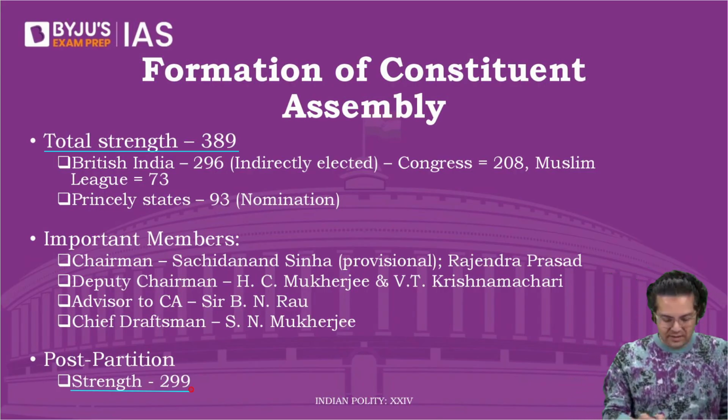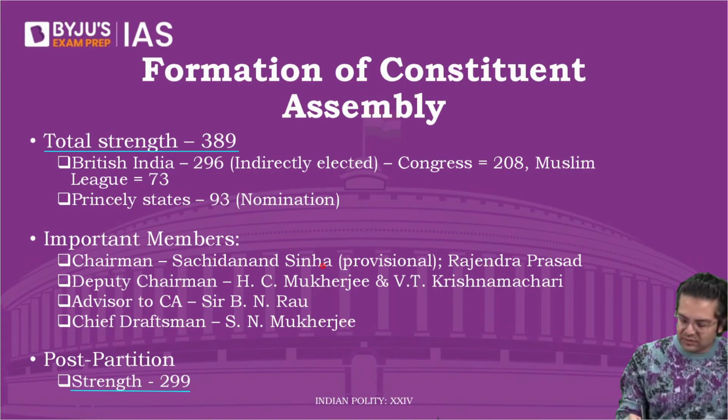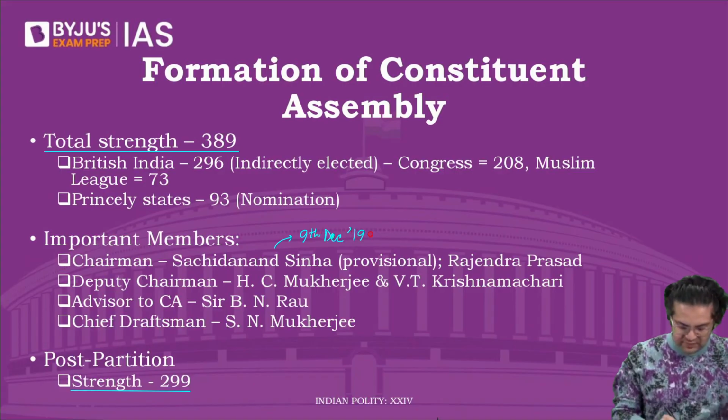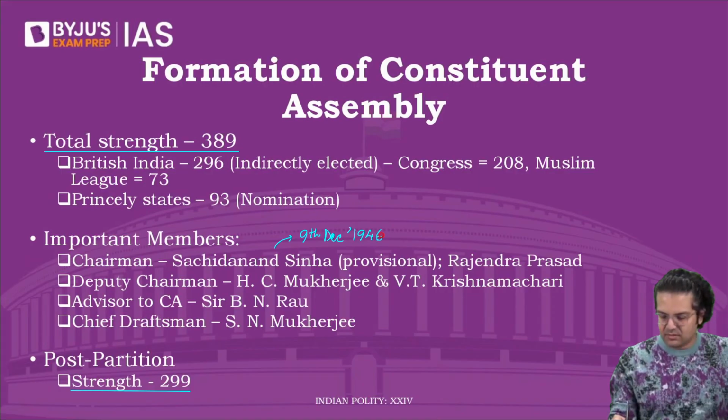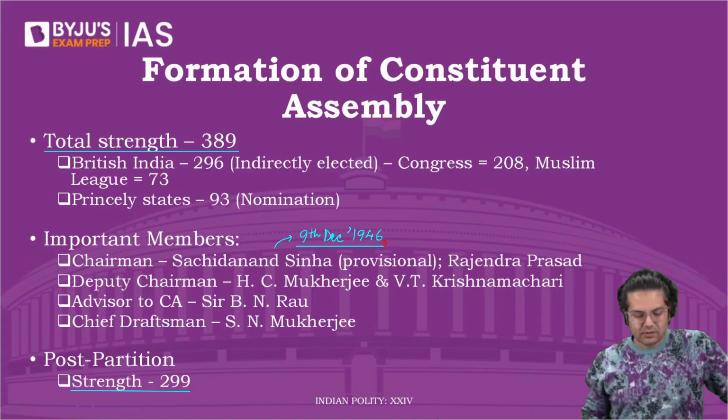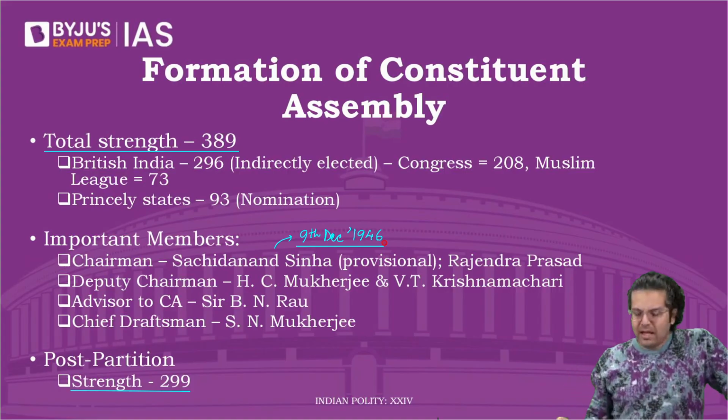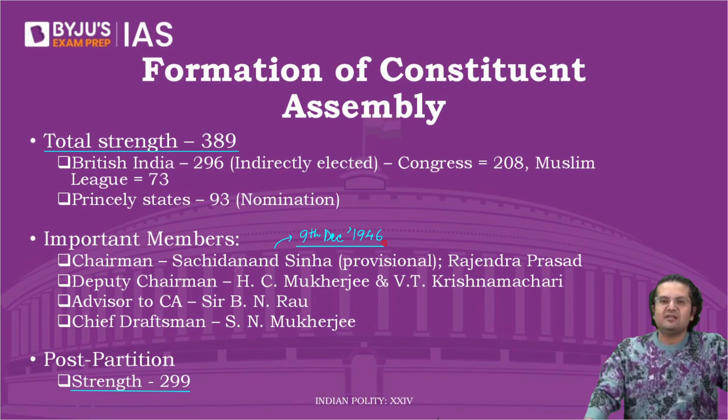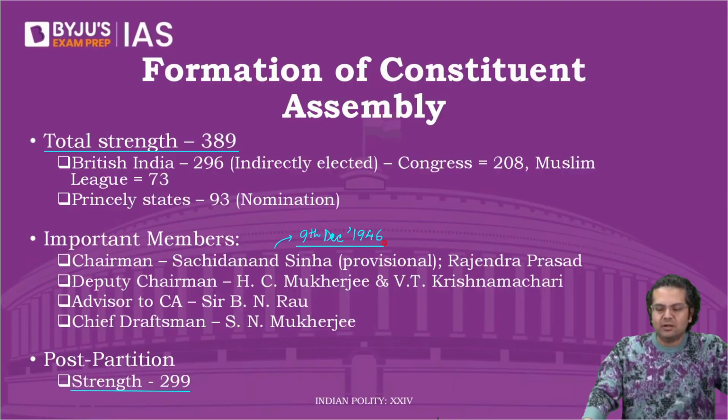Chairman was Sachidanand Sinha on the very first day, the 9th of December 1946. Sachidanand Sinha became the chairman of the Constituent Assembly, like a speaker pro tem, and then Rajendra Prasad was chosen as the chairman of the assembly, and from 11th of December he took the mantle as the chairperson.